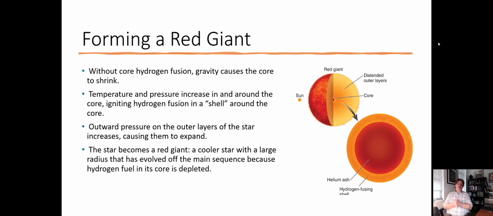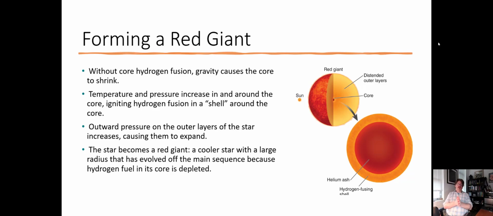And so what is going to happen is that the radiation pressure from this shell is going to cause the star to expand. Now, in astronomy, as it is in physics, maybe chemistry, generally speaking, if something gets bigger, it's going to cool off. And so as the star gets larger, the surface temperature of that star is going to drop, hence why it is referred to as a red giant.